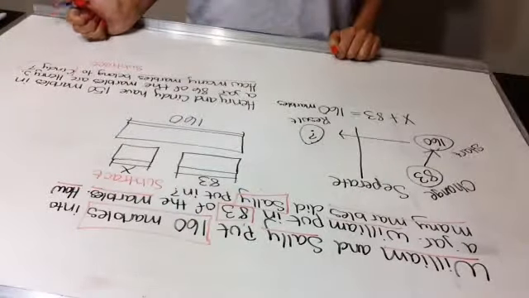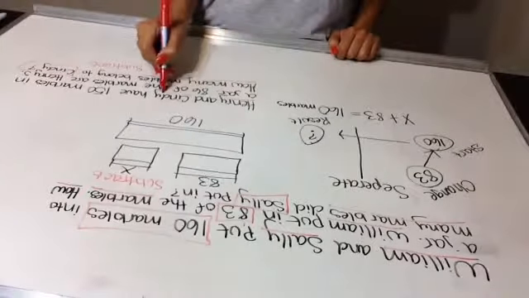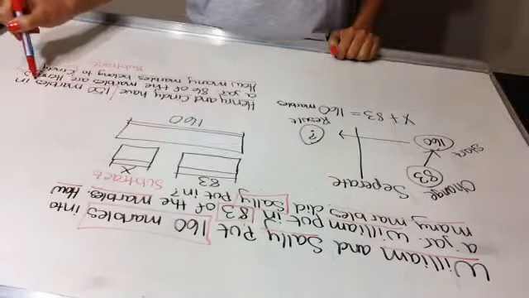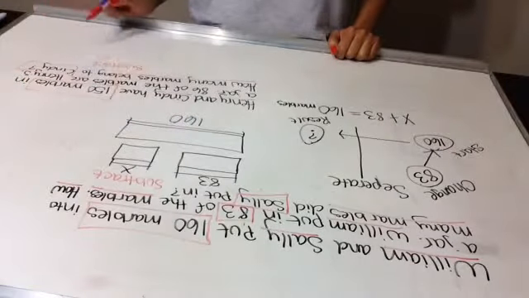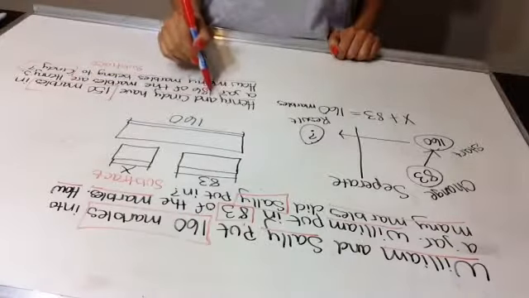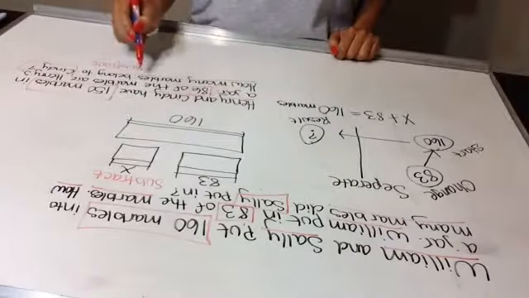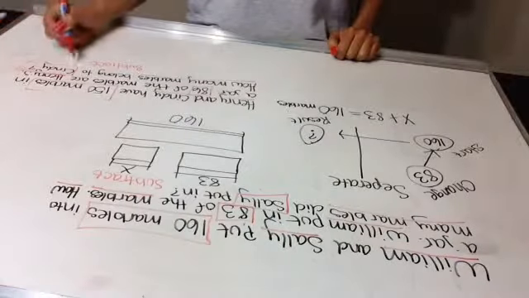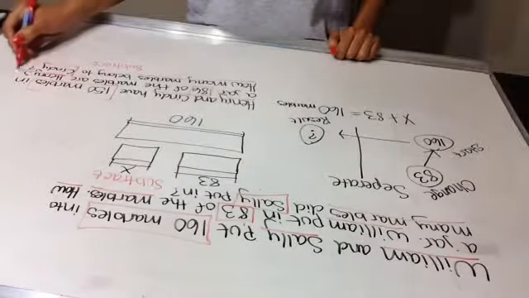So we know that Cindy and Henry put in a total of 150 marbles into the jar. But out of this 150, we know that 86 of them belong to Henry. So we want to know about Cindy.